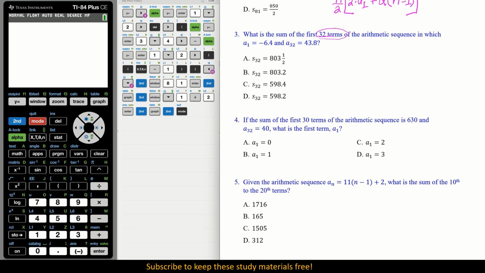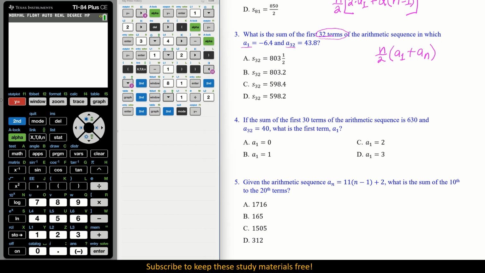What does this mean? This means we're going to use n over 2 times a sub 1 plus a sub n. Well, we have those. This is the a sub n. There's your a sub 1. And n equals 32. Okay?